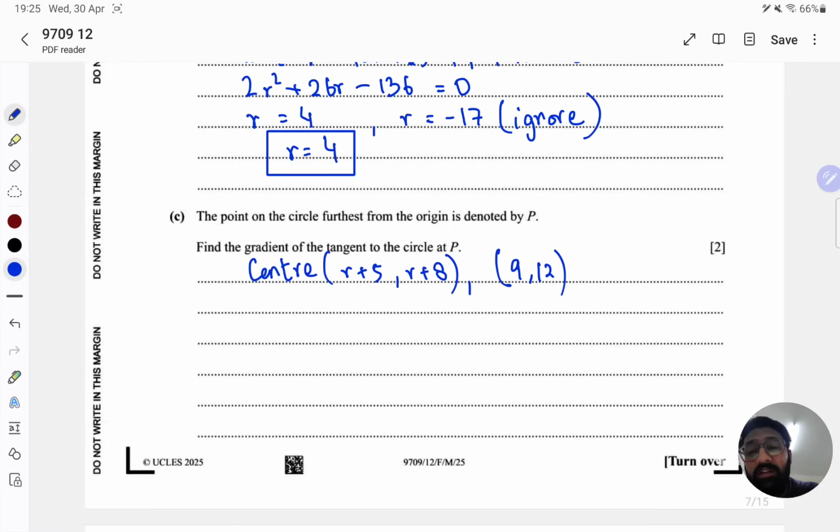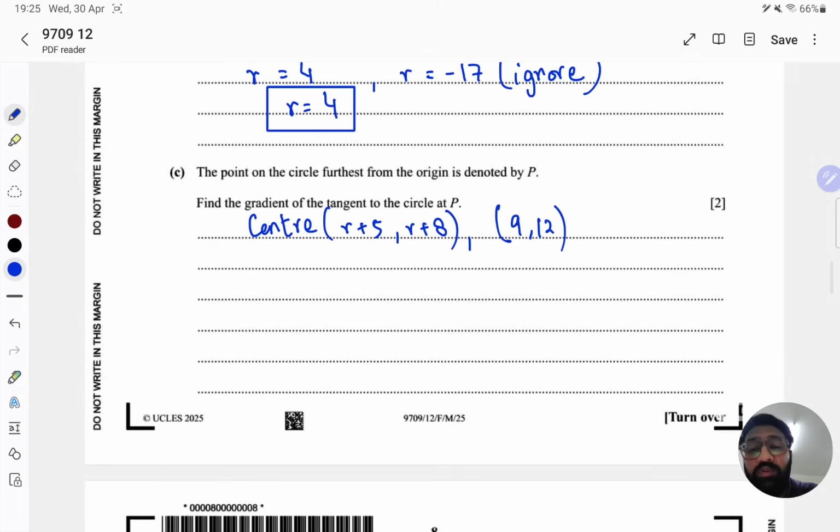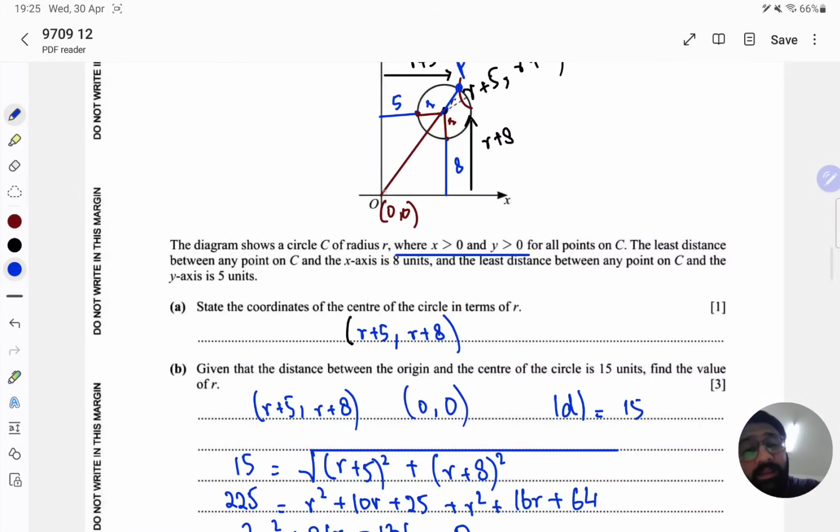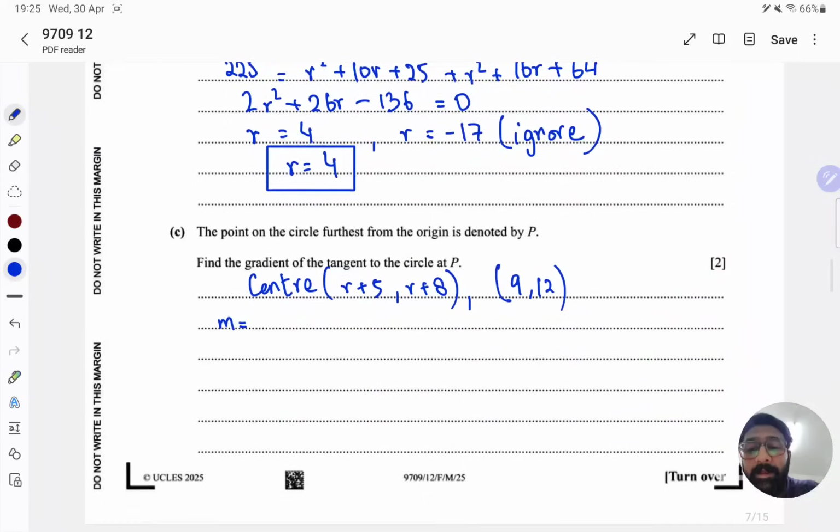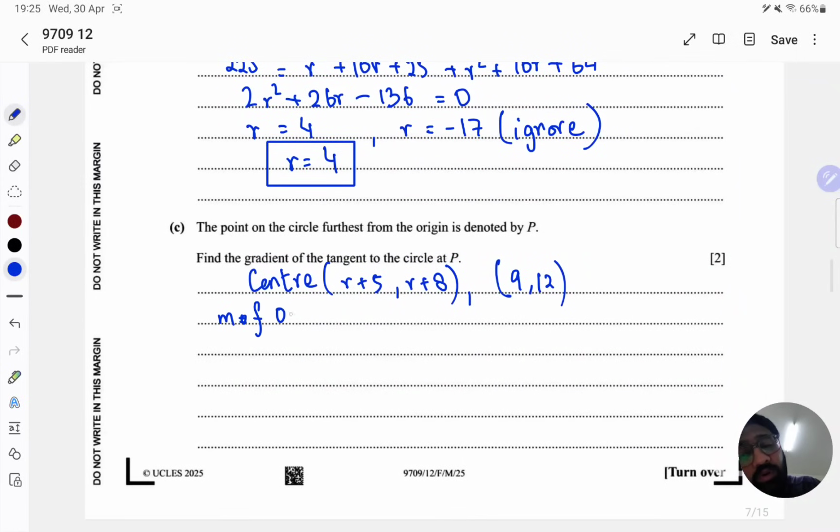The gradient will be the same throughout the line, so the gradient of the line from O to P will be 12 minus 0 divided by 9 minus 0. So 12 divided by 9, which is 4 by 3.